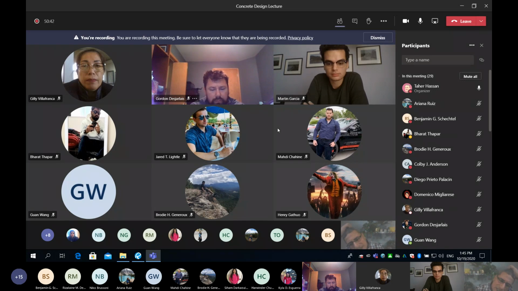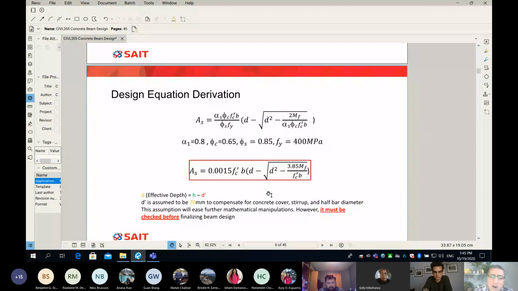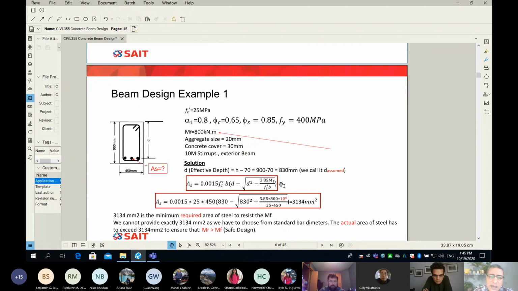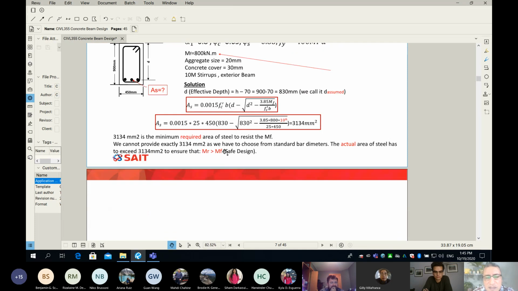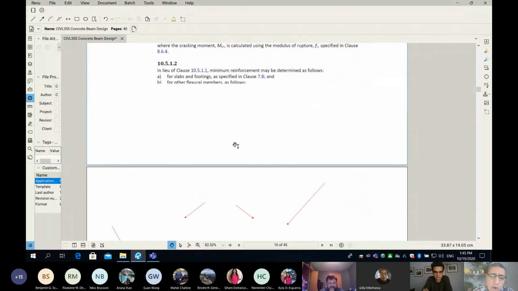So if you go back to my slides, as soon as I derive this equation, I want you to apply it right away. That's what I did. I gave you the moment, and immediately you're able to find the area of steel. However, as I said, this is not very practical. In real life, you will probably have to find the loads and the bending moment on your own.